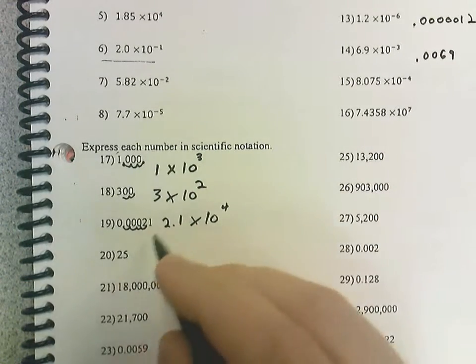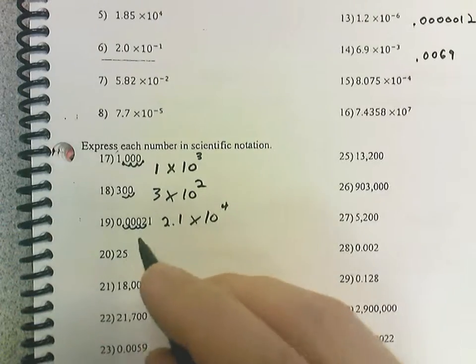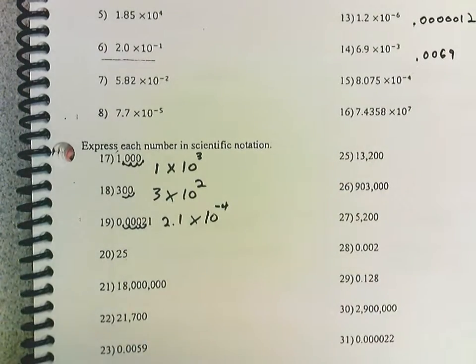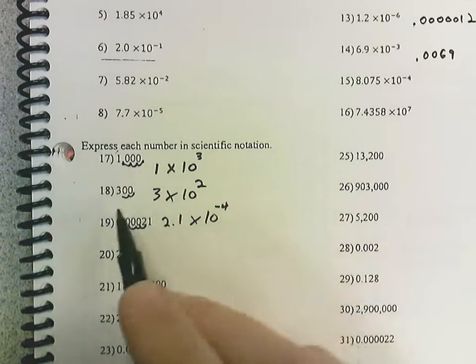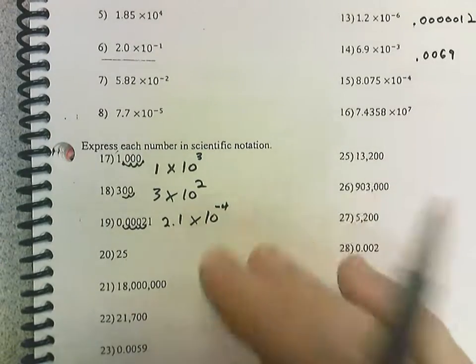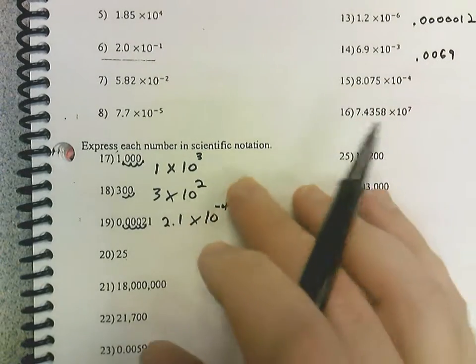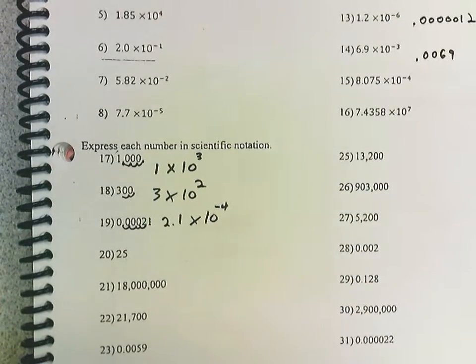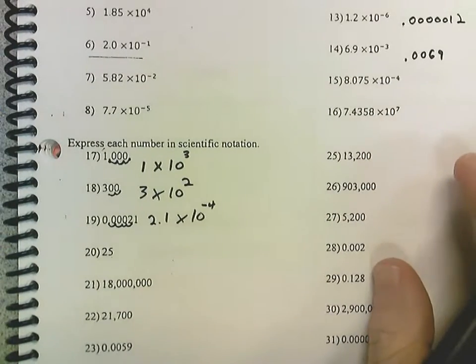But since this is a small number, and I want it to become a small number when I'm done, that's going to be a -4, right? Because I don't want it to become a big number when I multiply back through. Remember, negative exponents are fractions, so this is basically like taking the fraction 1 over 10 to the 4th and dividing 2.1 by 1 over 10 to the 4th power.